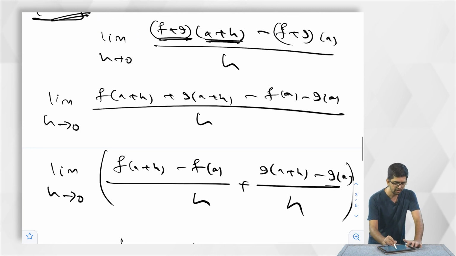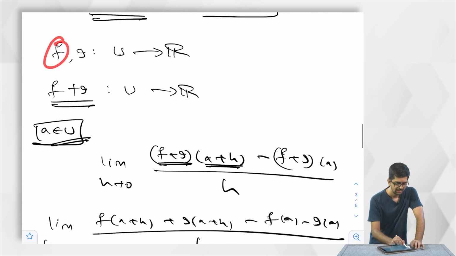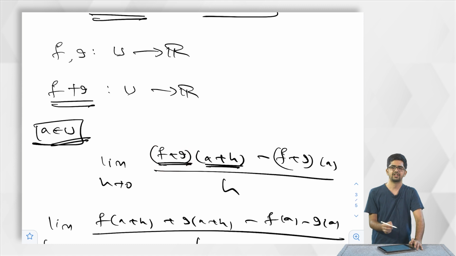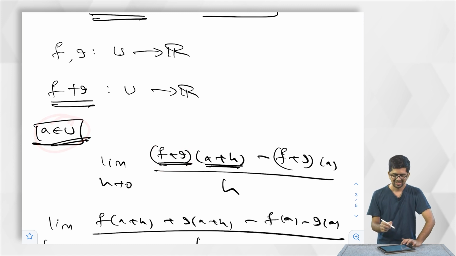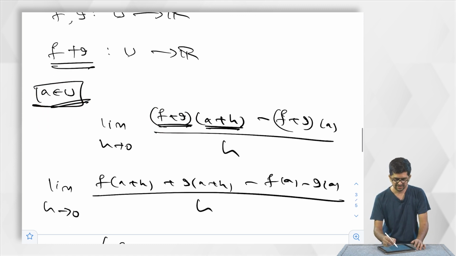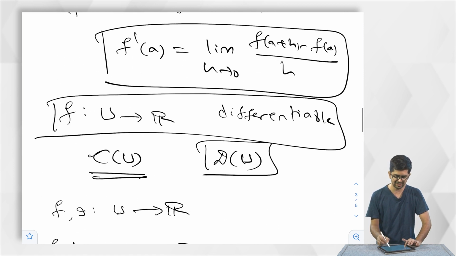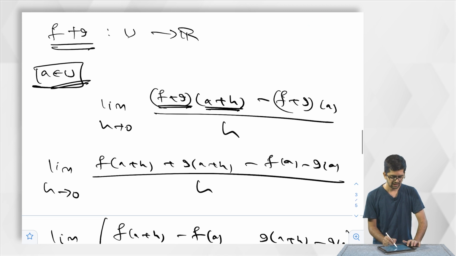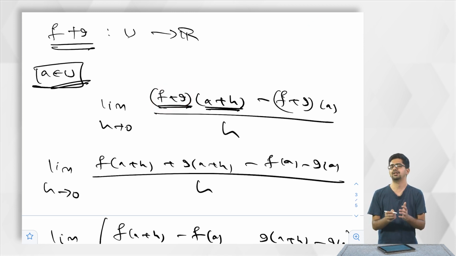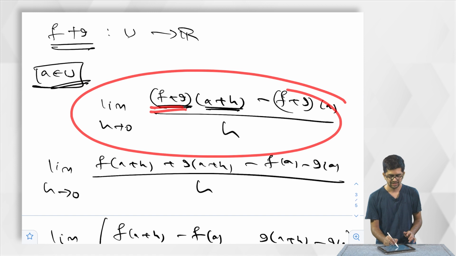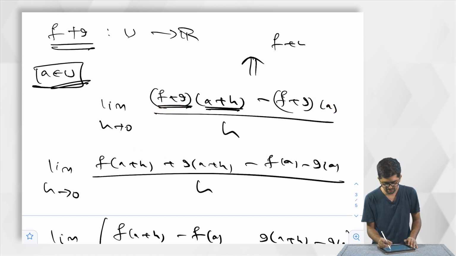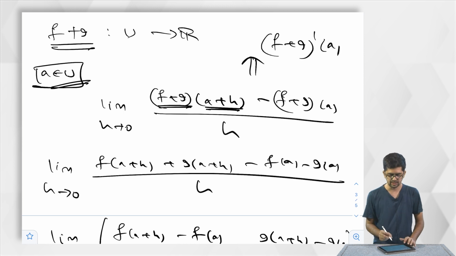So, if I know that f and g are differentiable at a point a belonging to u, then the sum is differentiable at this point a. We said that if this limit exists, then we call that f dash of a. So, the limit for the function f plus g exists, and we call that (f plus g) dash of a.